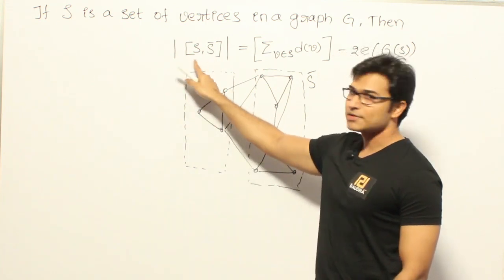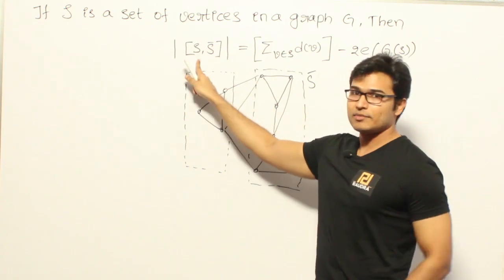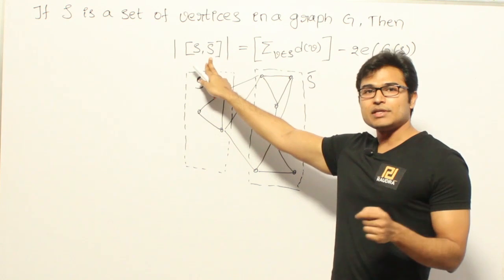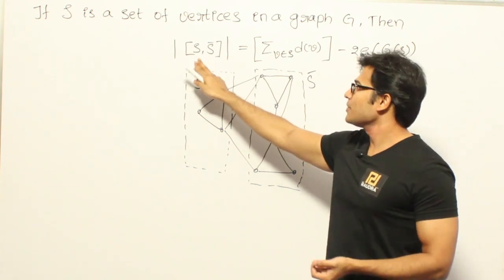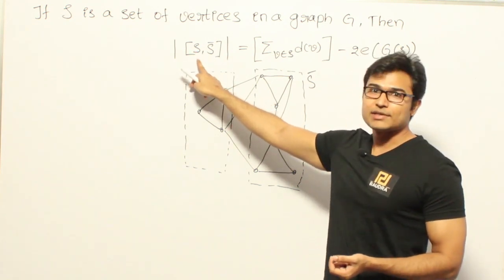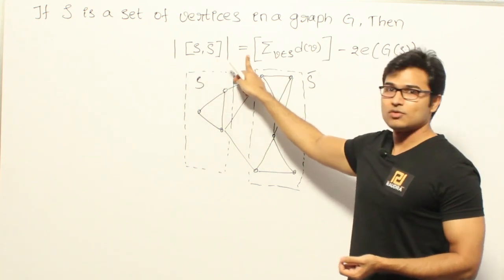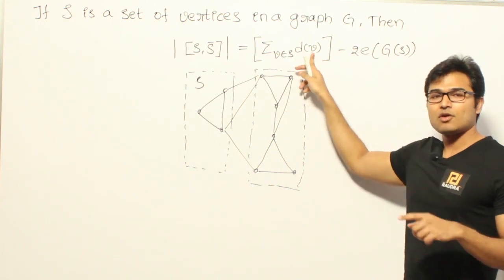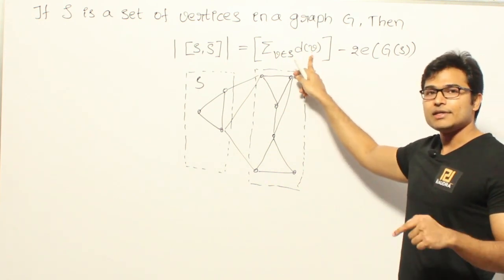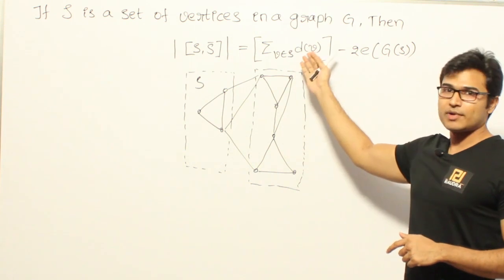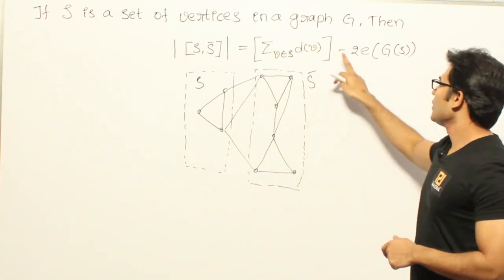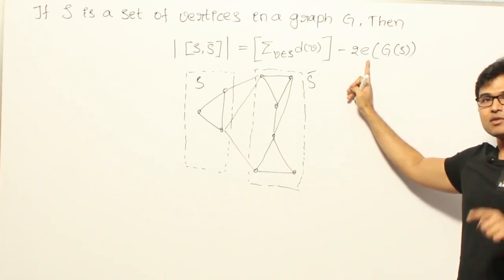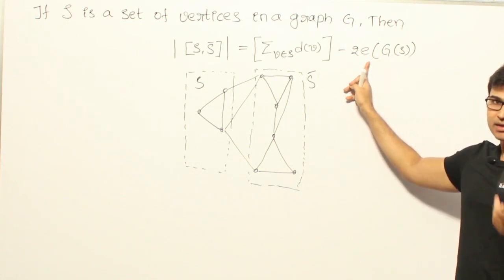This is nothing but the edge set, and when I put it that way, it is the cardinality, which means the number of edges present in the edge cut formed by dividing the graph into 2 sets, S and S dash, is equal to sigma v belongs to S d(v), which means the sum of all degrees of the vertices present inside one partition, minus 2 into e(G[S]), which means twice the number of edges which are present inside that particular set.